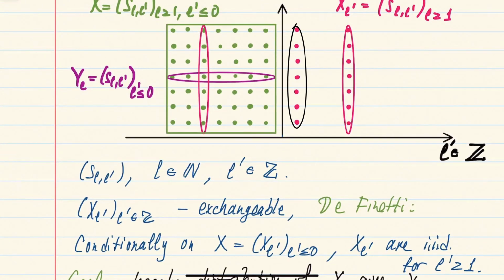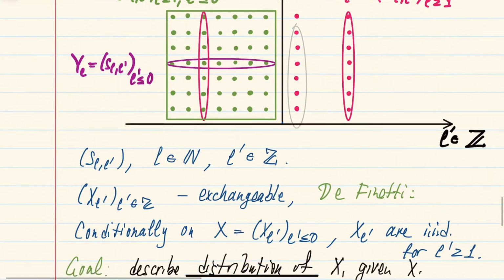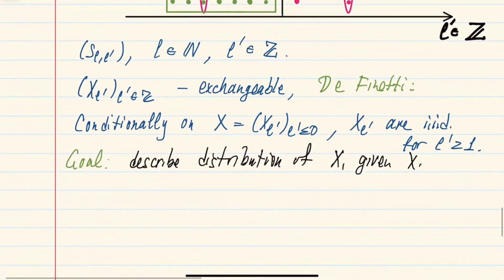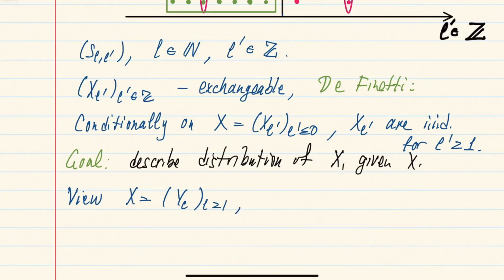And we want to understand the joint distribution of this one column given this green left half of the array. And so now we will view this left half of the array as actually a sequence of rows. So this will be a sequence Y_L for L greater or equal than 1.